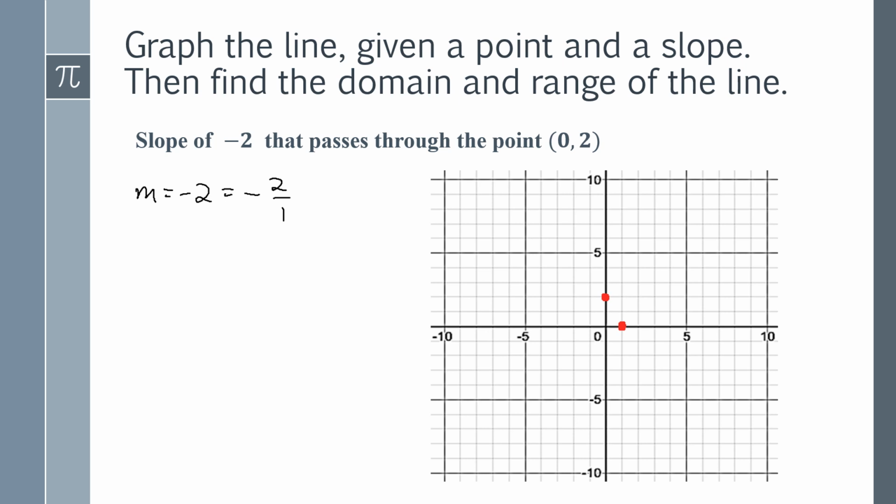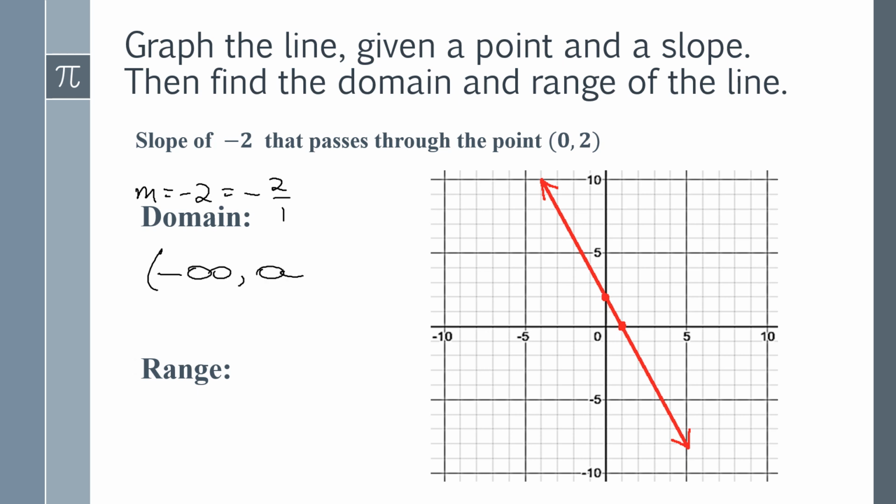So we're going to plot that point, and then we connect our dots. We draw our line. Now you'll notice we put arrowheads because this is a line, so it goes on forever. So what's our domain and our range? Well, our domain is -infinity to +infinity.